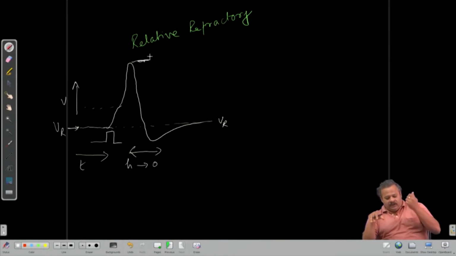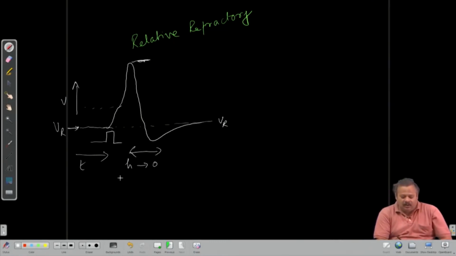So, when this voltage is coming down, by the time it reaches the bottom of it, H is already at 0, which means that none of the sodium channels can be activated, or even if the M's are open at that voltage, H will not allow sodium currents to open because H is 0. So, that particular period where we have sodium channel inactivation, that period is called the absolute refractory period.